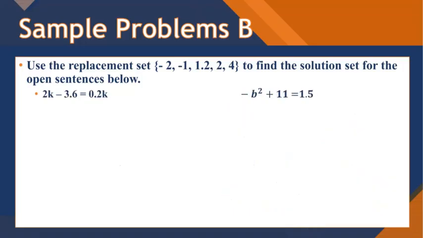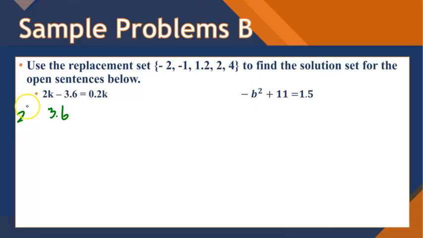Moving on to our next problems. It says use the same replacement set to find if these are solutions. We'll do the same thing here. So we got 2k minus 3.6 equals 0.2k. Now, instead of the k, let me put down the number here.